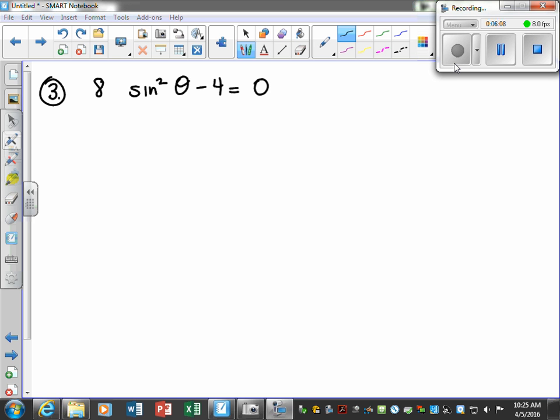Alright, our third example is going to be 8 sine squared theta minus 4 equals 0. Sine is defined on the interval from 0 to 2 pi. Okay, let's go ahead and start solving that. First thing we want to do is add 4 to both sides.